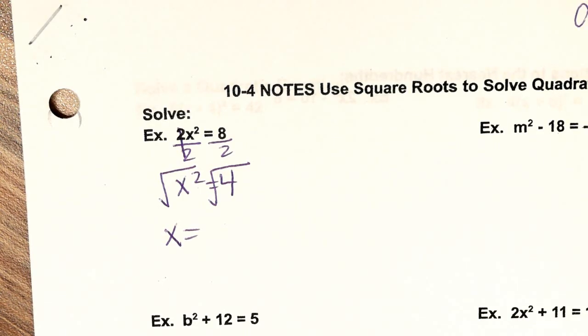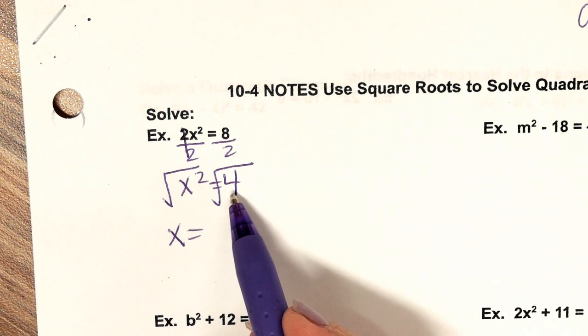Now, we learned a while back that square roots actually have how many answers? 2. So I want you to think about it. What is the square root of 25? 5. What's the other square root of 25? Negative 5. Why? 5 times 5 is 25, but negative 5 times negative 5 is also 25. So this will have 2 answers.